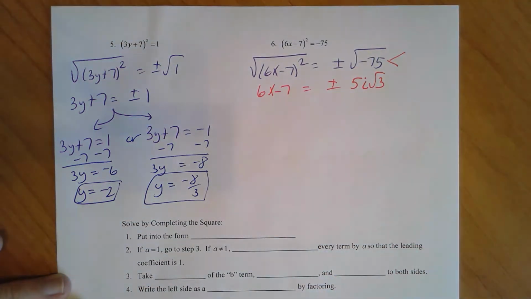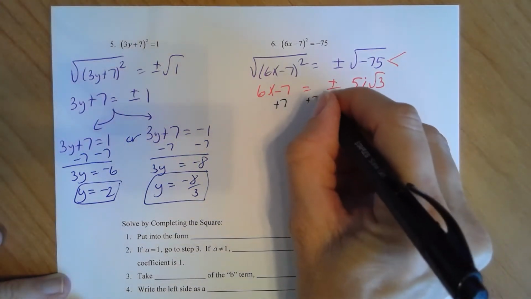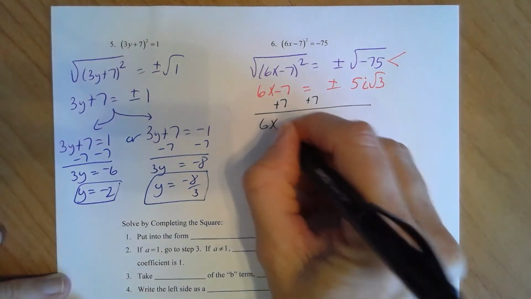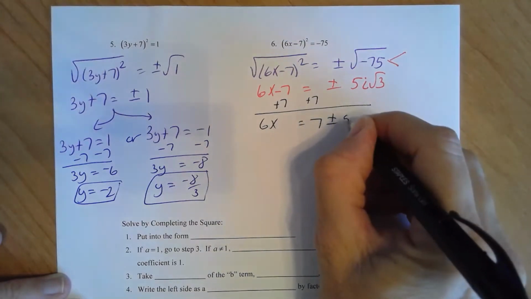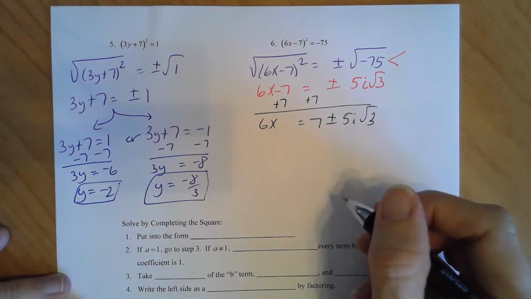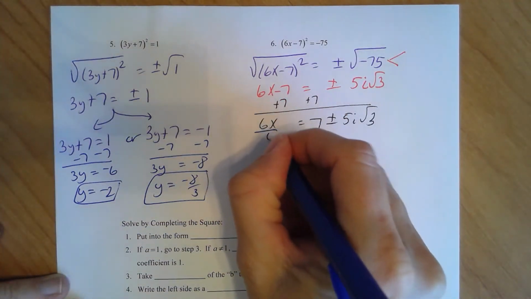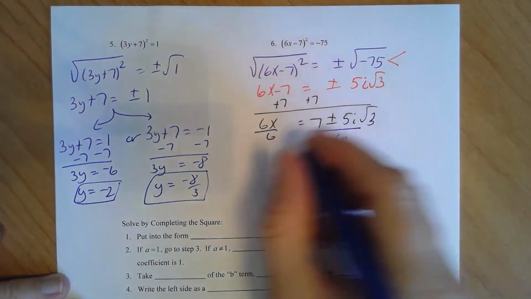Now you're not done. You haven't solved for x yet. The next step would be to add the 7, and that's going to go in front of the plus or minus. Those are not like terms, so you cannot put the square root of 3 and all the other stuff with the 7. You just have to put 7 plus or minus 5i square root of 3. And we still got to get x by itself, so we need to divide everything by 6.